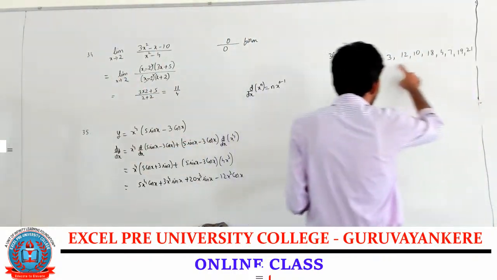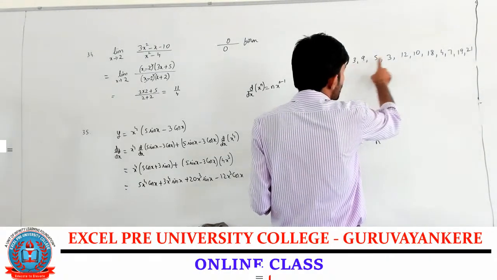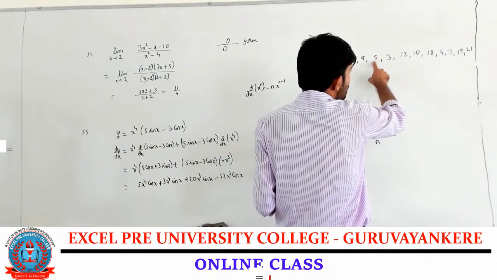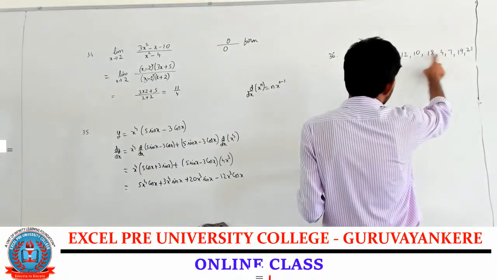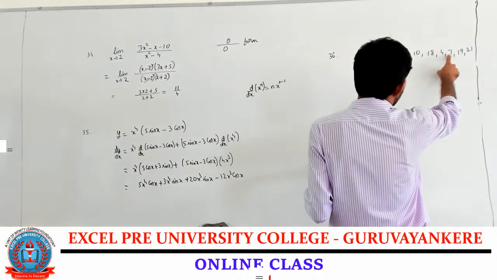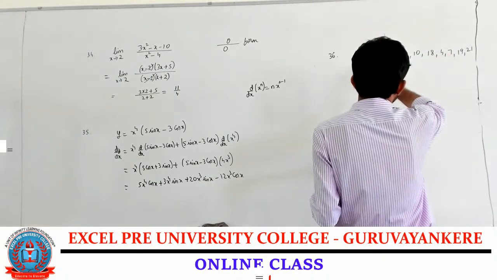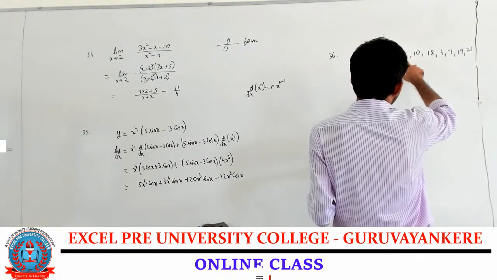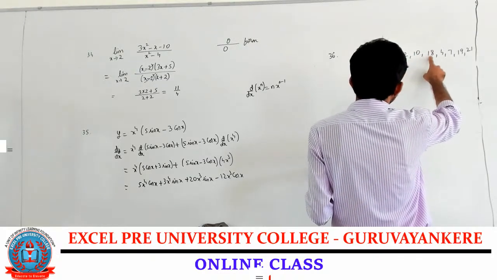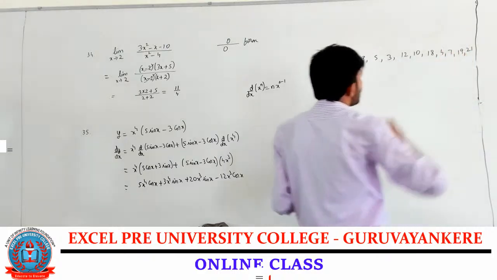Here the smallest observation is 3, which is found 2 times. Then comes 4, then 5, then 7, then 9, 10, 12, 18, 19, 21.